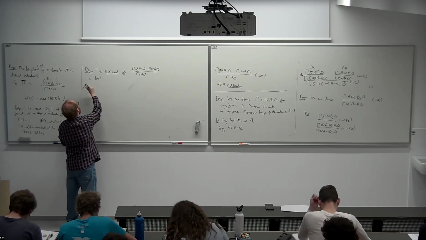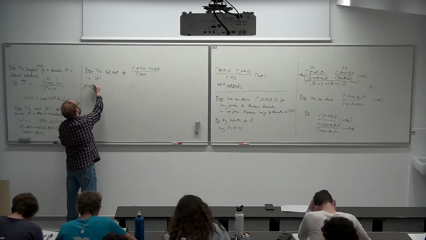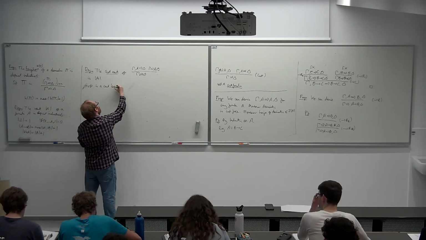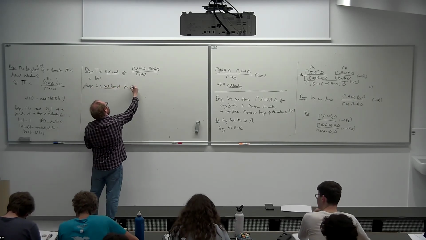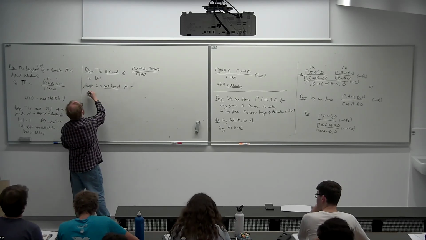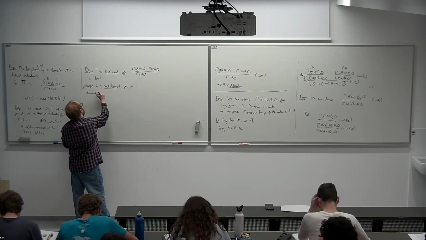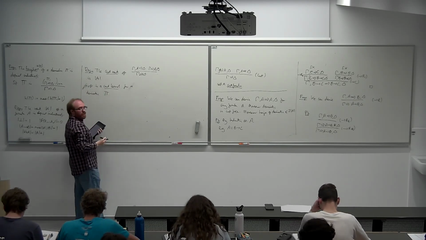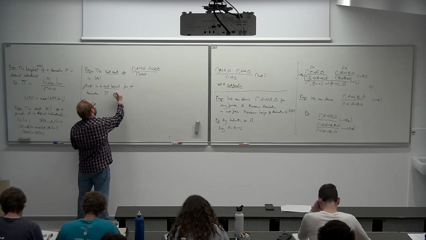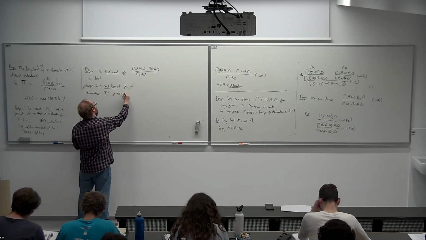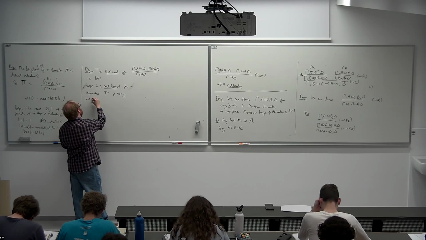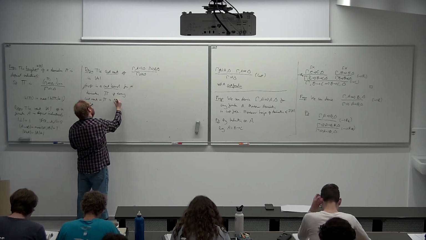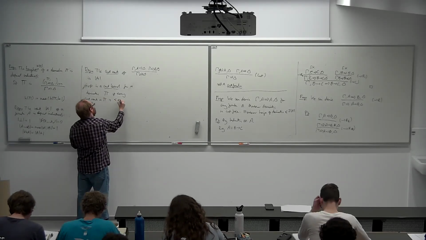And then we say that the natural number n is a cut bound for a derivation π if every cut rank in π is strictly smaller than n.